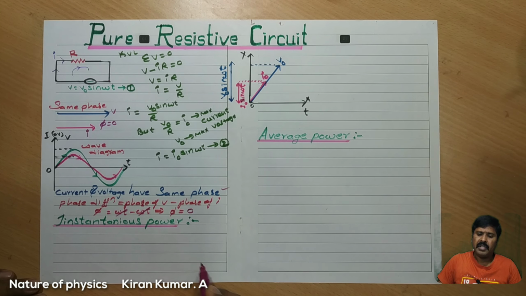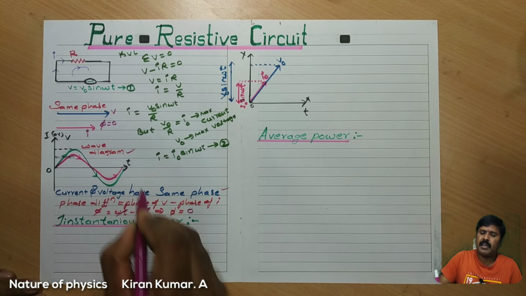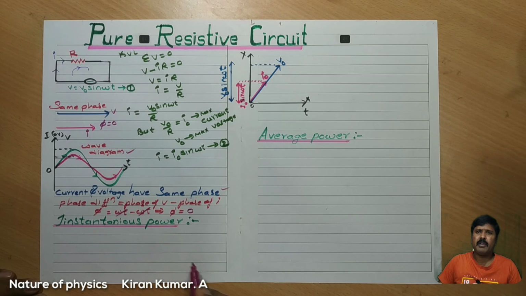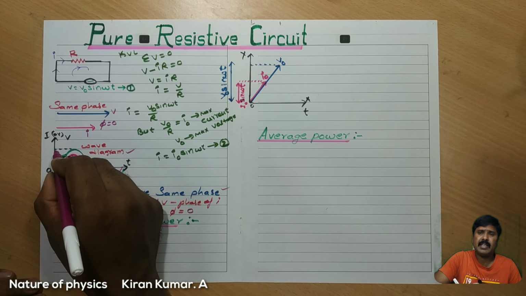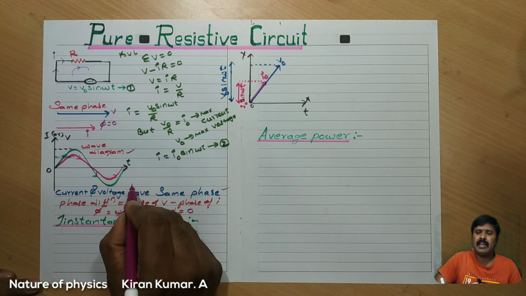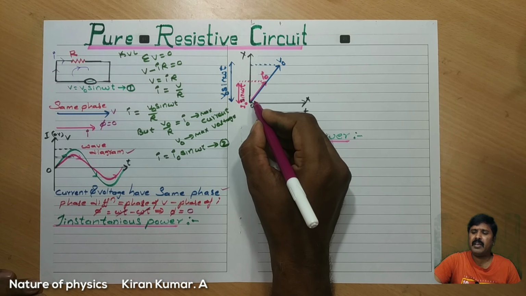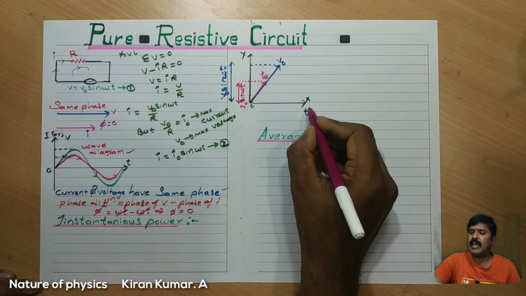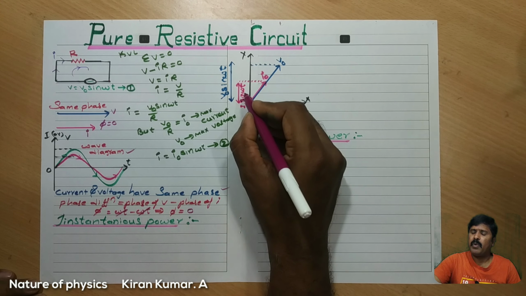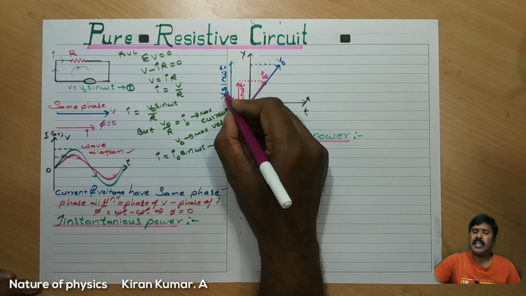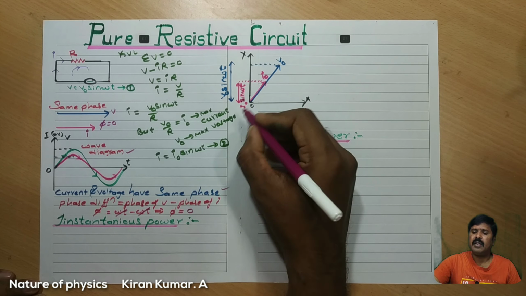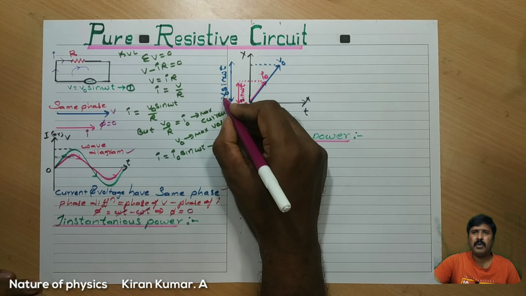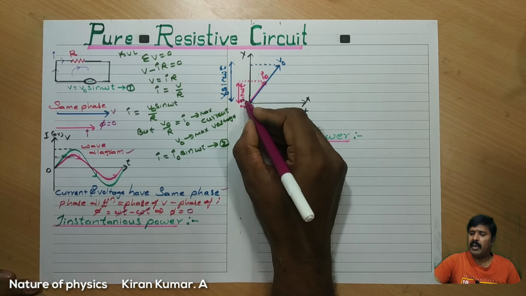And in continuation, the next representation is the wave diagram, students. Current and voltage are taken on the y-axis and time is taken on the x-axis. Here in this diagram, the x-axis is time and the y-axis is V naught sin omega t and also I naught sin omega t, students. That also represents the applied voltage and current, students.